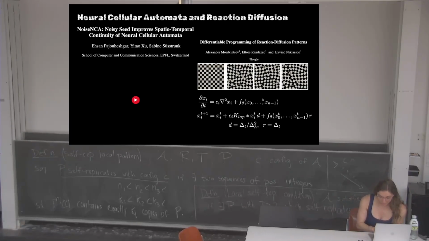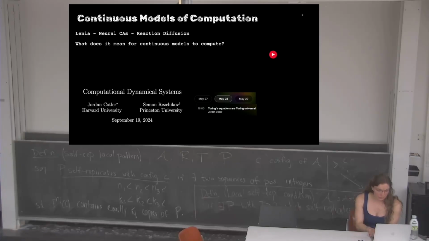But here you can believe me that this is some particular form of a reaction diffusion system, and you can discretize it in such a way that it can be represented as an update of a neural cellular automaton, and then you can essentially train these discretized reaction diffusion systems to generate the patterns you want, which was, for instance, again done by the Google team. Yeah, I think this is essentially it.